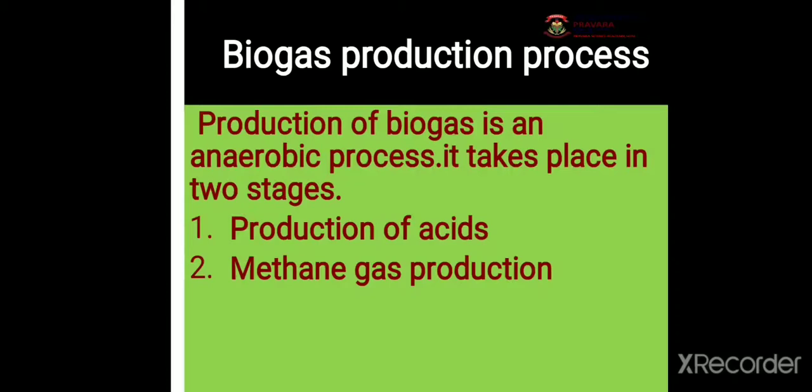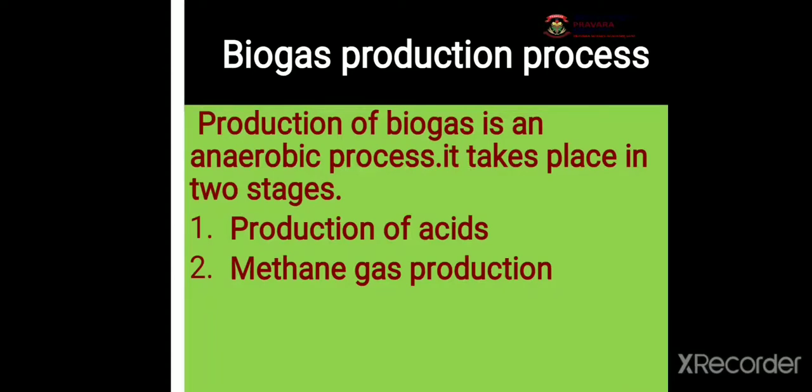It takes place in two stages. The first stage is production of acids. In this stage, the microbes act on the biodegradable complex organic compounds and produce organic acids. The second stage is methane gas production.